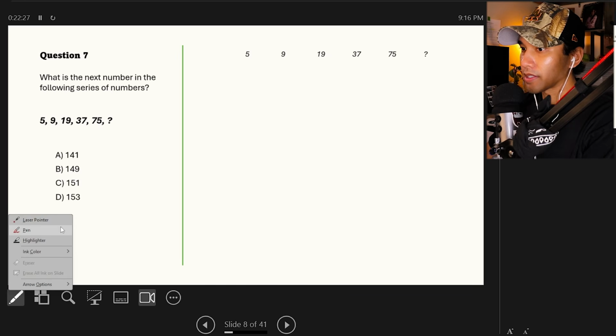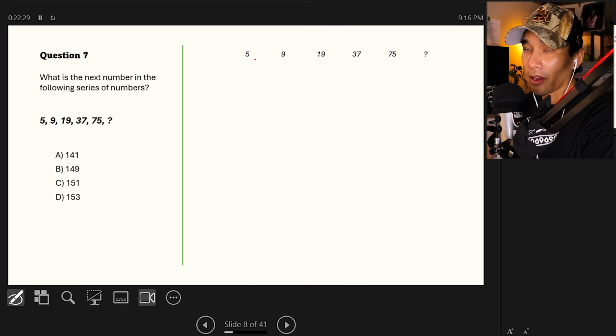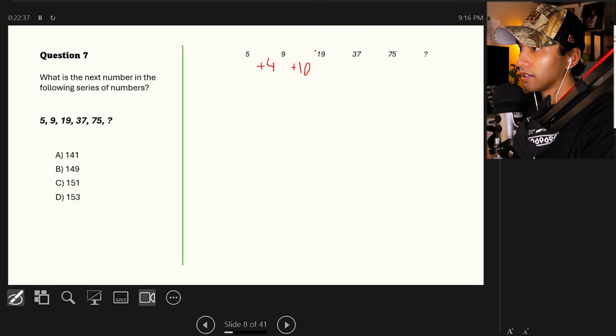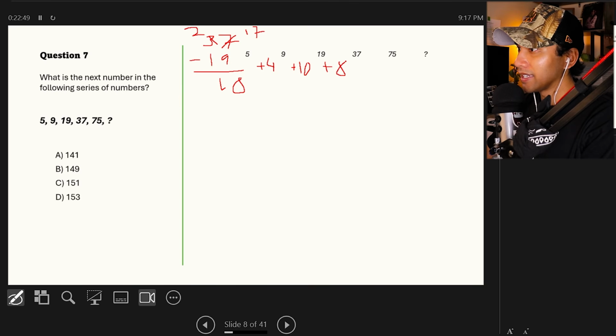My thought process, from just initially, would be plus 4, right? 9 to 19 plus 10, right? 37 minus 19, hard on mental math, but 18, right?